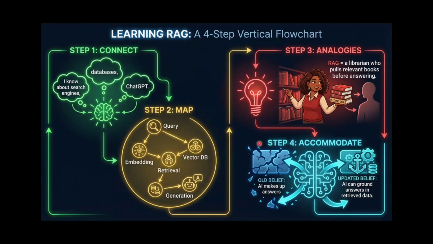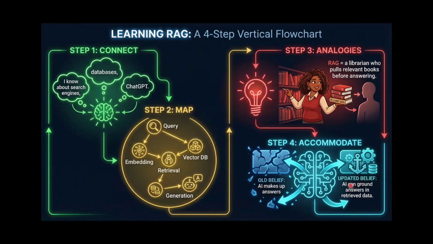And then 4, accommodate. This is where we challenge our existing schema just a little bit to make room for new, more dense knowledge graphs. So you have an old belief: AI makes up answers. That's maybe what you believed before you started taking this course or using AI yourself.